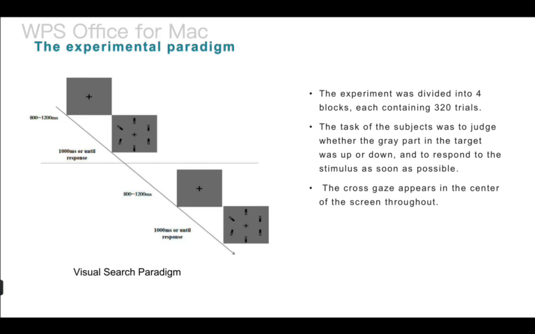The task of the subject was to judge whether the gray part in the target was up or down, and to respond to the stimulus as soon as possible: pressing up on the green part or pressing down on the gray part. The subject enters the next trial immediately after pressing the button. The cross appears in the center of the screen throughout, and we collected the response time, accuracy rate, and EEG signals.